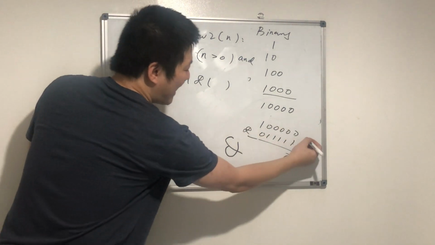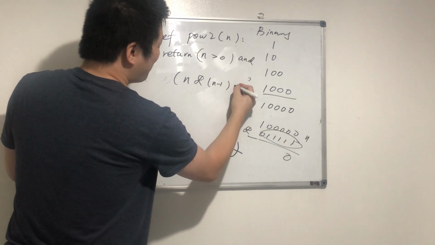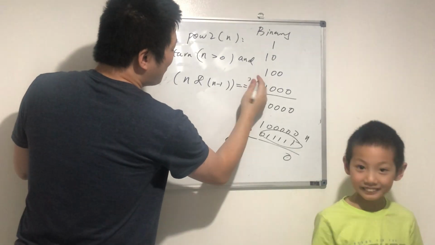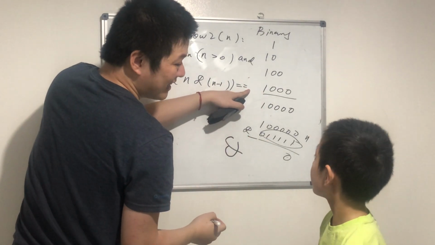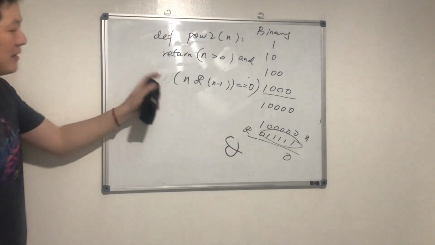What's this number? This is n. What's this number? n minus 1. Yeah, well done. And it will be equal to what? 0. This is the fastest.